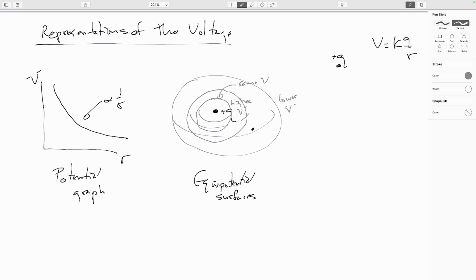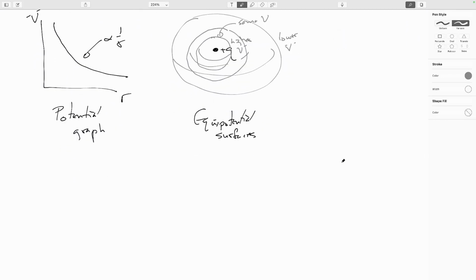Because usually what you do is you try to make it the same number of volts different. So the surfaces will be packed more closely together, closer to the charge, and farther out the spacing will get bigger. Now you can see just how well this is working trying to draw this in 3D.